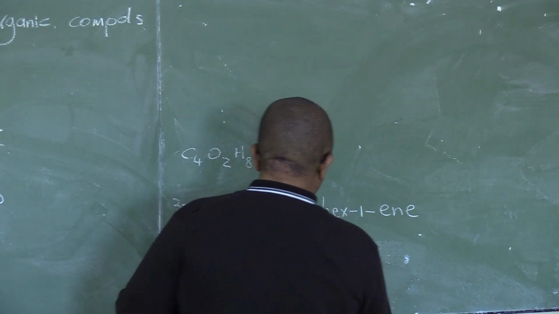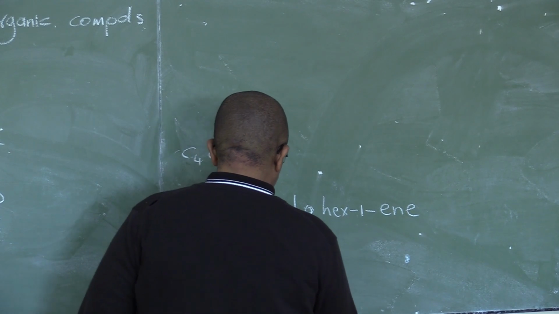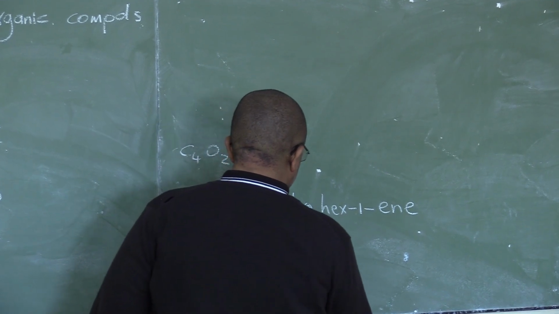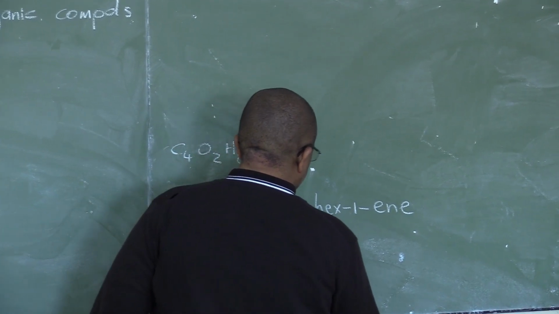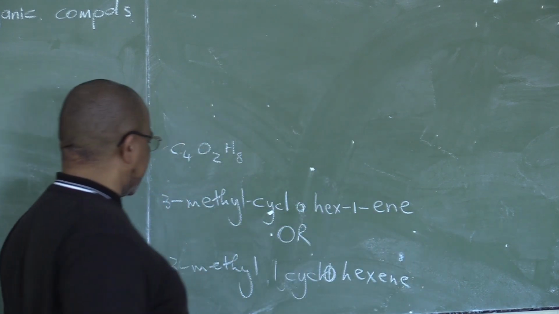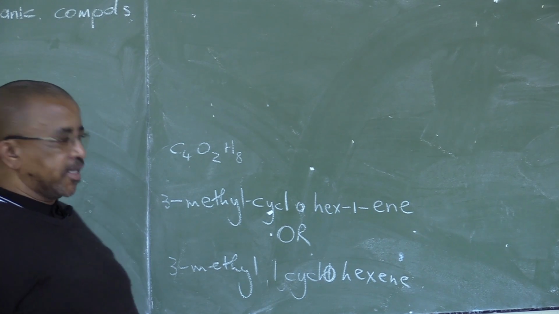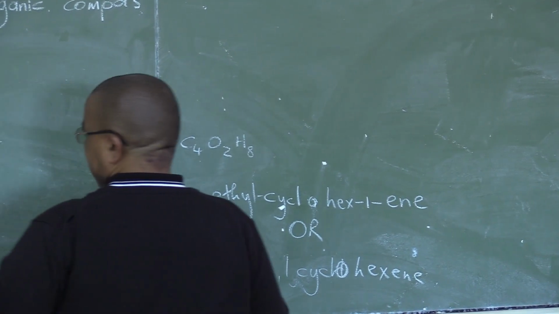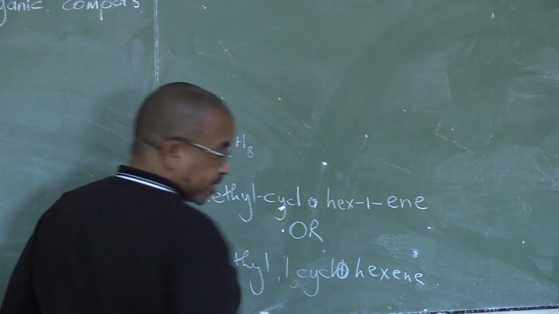In fact, it should be 1-cyclohexene. So we have something of that name: 3-methyl-1-cyclohexene. That is the name.